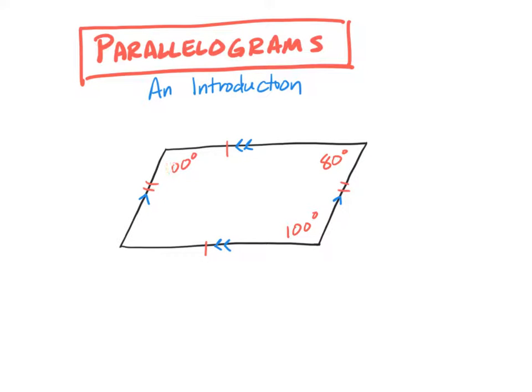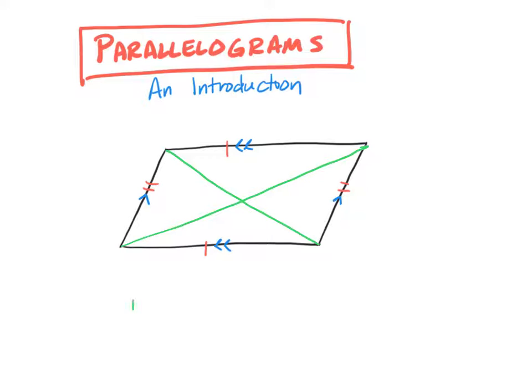We can also draw diagonals. And if we draw diagonals, let's use green. If I draw diagonals here, like so, these diagonals bisect each other.